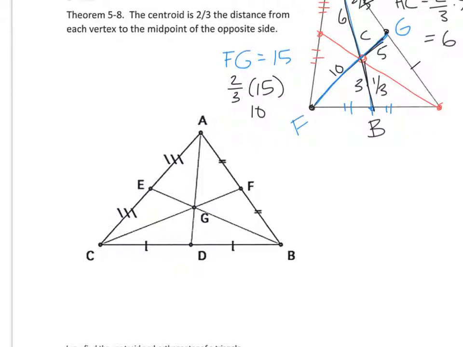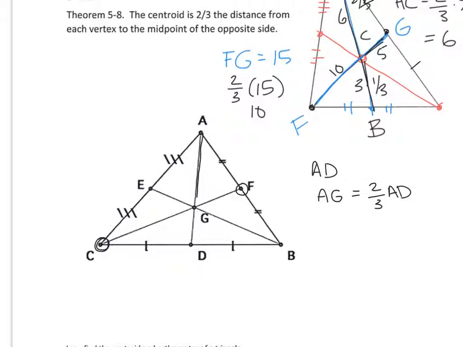Down here, this has to be a centroid because you're starting at a vertex and going to a midpoint. So if you have AD, then AG is 2/3 of AD.